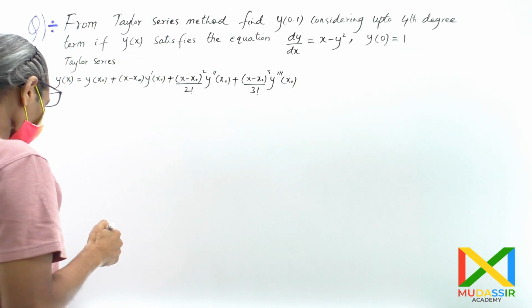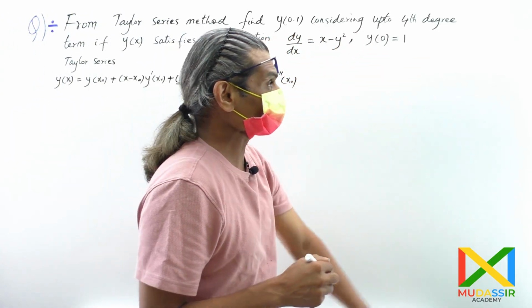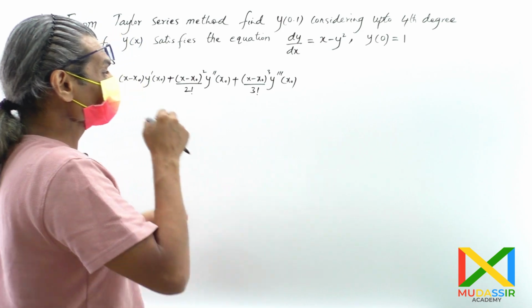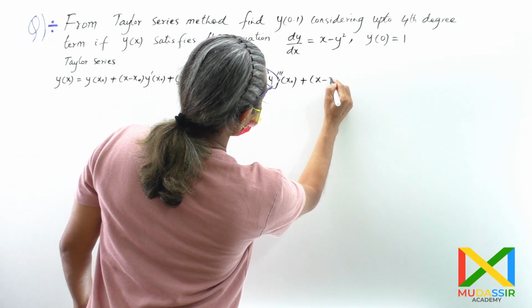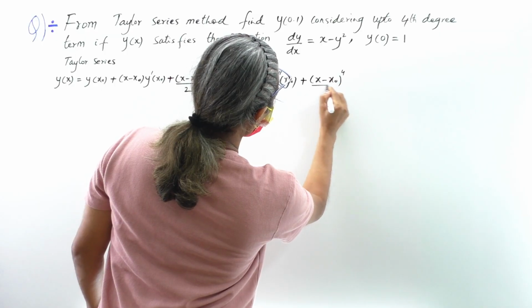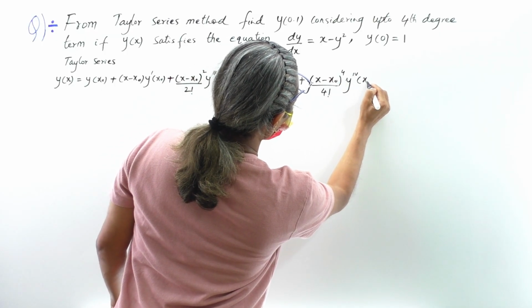And since the question clearly says find y of 0.1 considering up to 4 degree, it means you need to differentiate 4 times. So plus x minus x naught whole raised to 4 upon 4 factorial y4 of x naught.